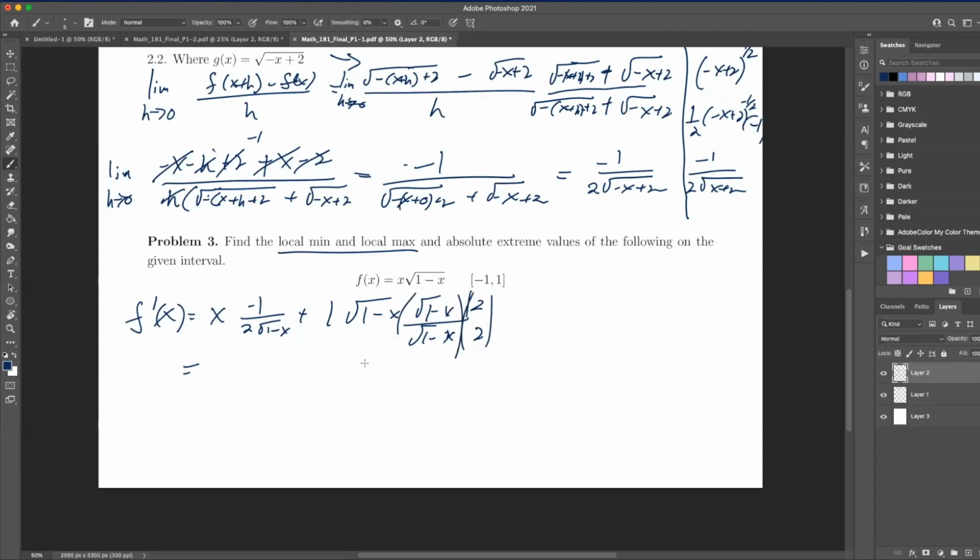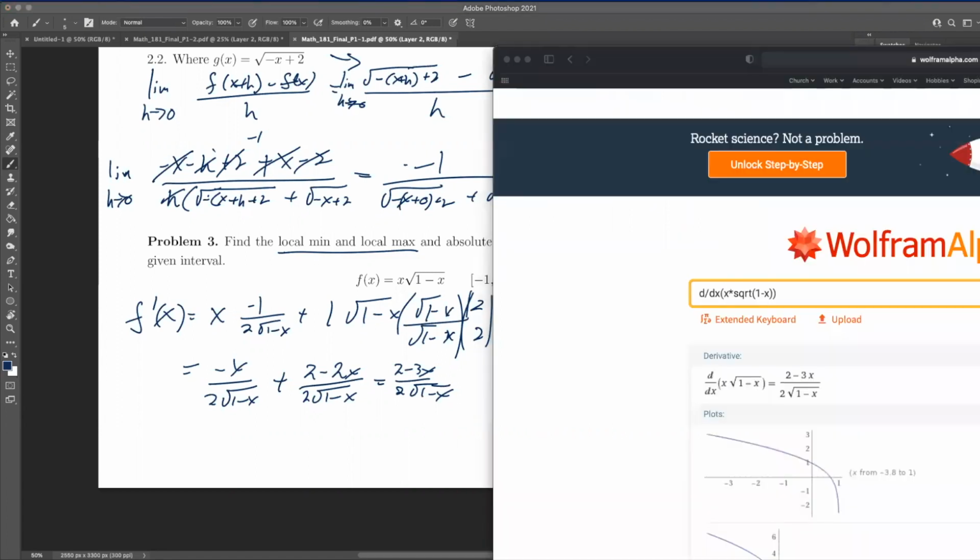So what we have up here is minus x over 2 over square root 1 minus x plus, here would be 2 times this would be that squared, so it would be plus 2 minus 2x all over 2 over square root 1 minus x, and this is equal to 2 minus 3x over 2 square root 1 minus x. Okay, so if I'd done that transformation, it looks exactly like it does here.